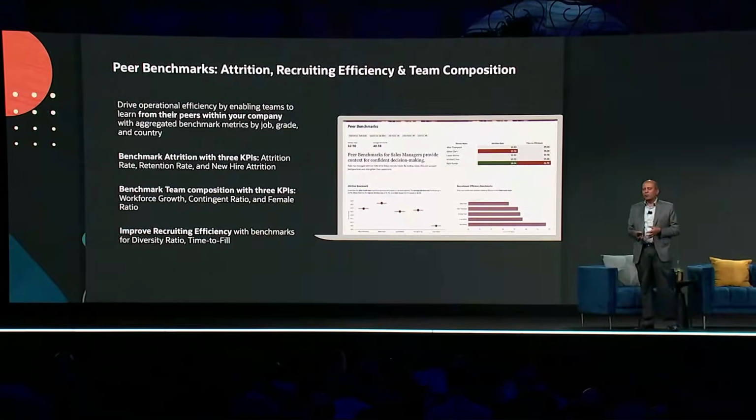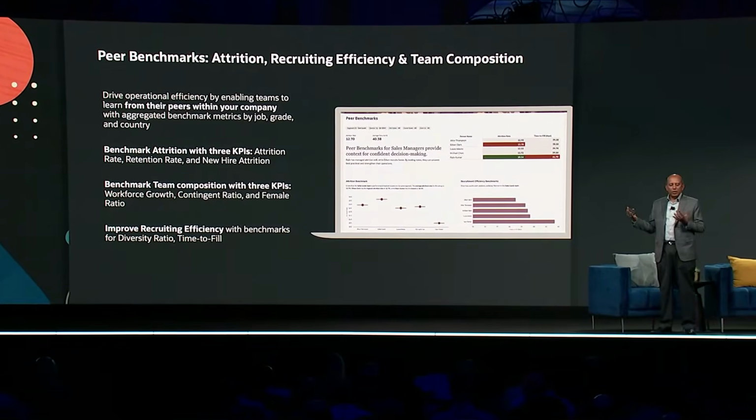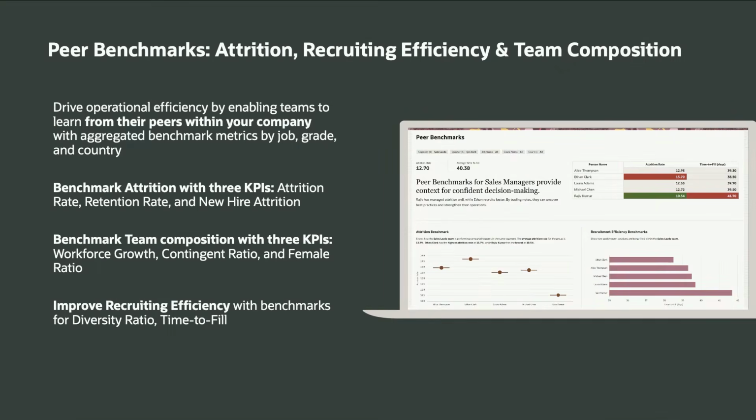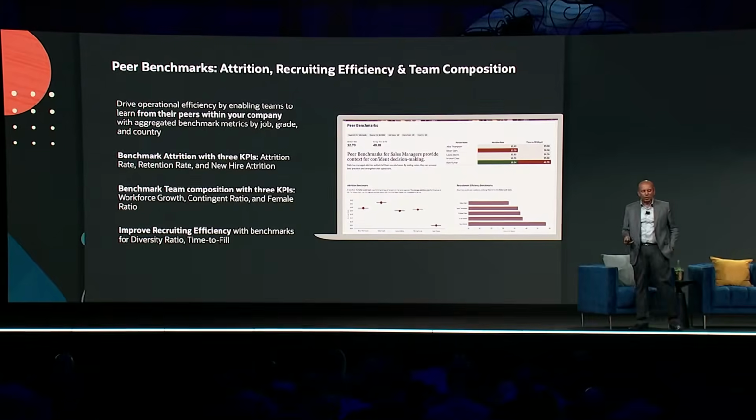This allows different business leaders to look at relative performance, maybe learn best practices from each other, and provides a baseline to get onto a culture of continuous improvement. We have benchmarks for various categories: attrition, team composition, recruiting efficiency. So if you are one of our HCM analytics customers, I do encourage you to look at it.